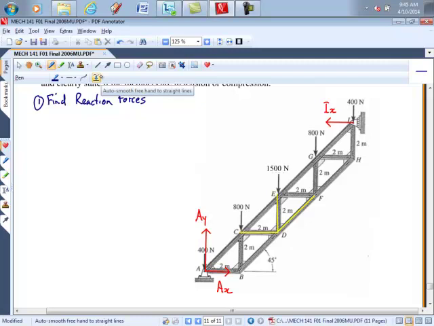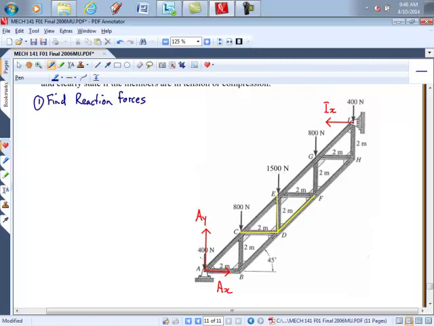I actually only should need, no, I need 2 equations of equilibrium. Which one do you want to do first? Okay, so we can do moments about A to find IX, which is going to have to be equal and opposite AX.